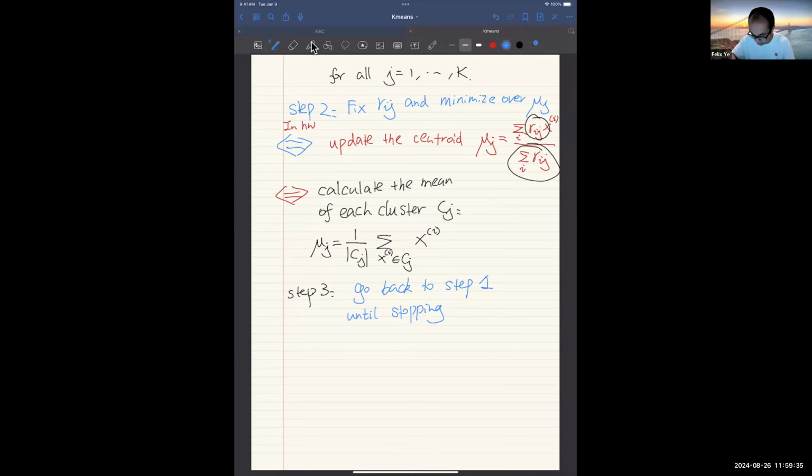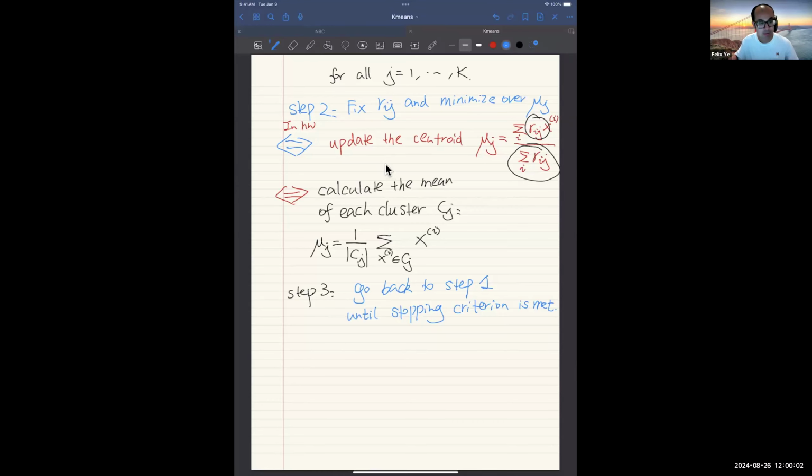So basically it's fixed. After my iterations, my mu j doesn't change at all. That means there will be no more updates, and I will stop my iterations. Okay.